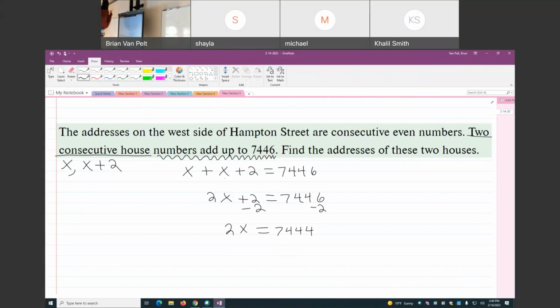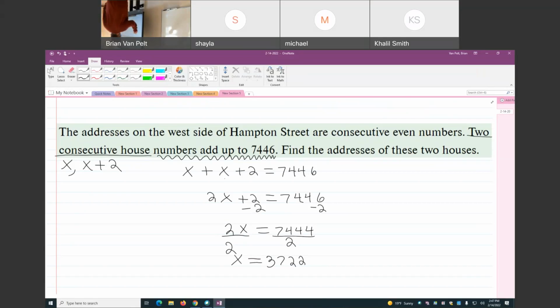Divide by 2. I think it's 3722. Is that right? So what is my answer then? There's two answers. They're asking you for two of them. So we got 3722 and 3724.